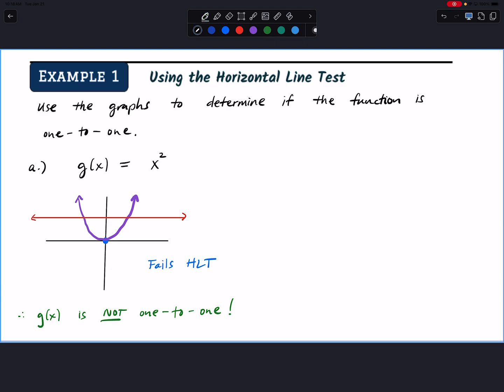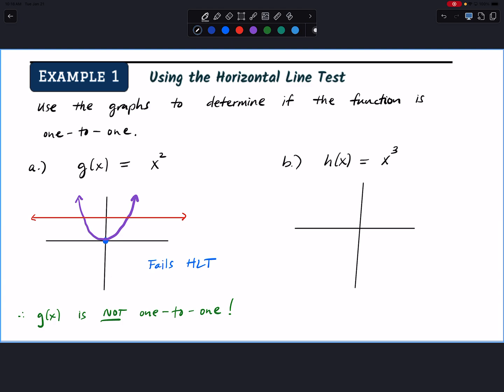All right, B. Do you guys remember what shape x cubed is? It's like an S, right? A little snake.